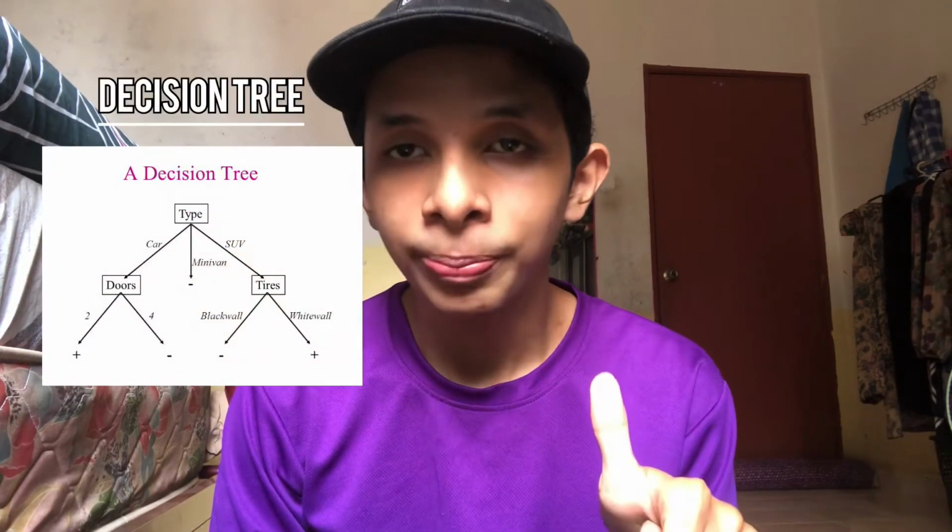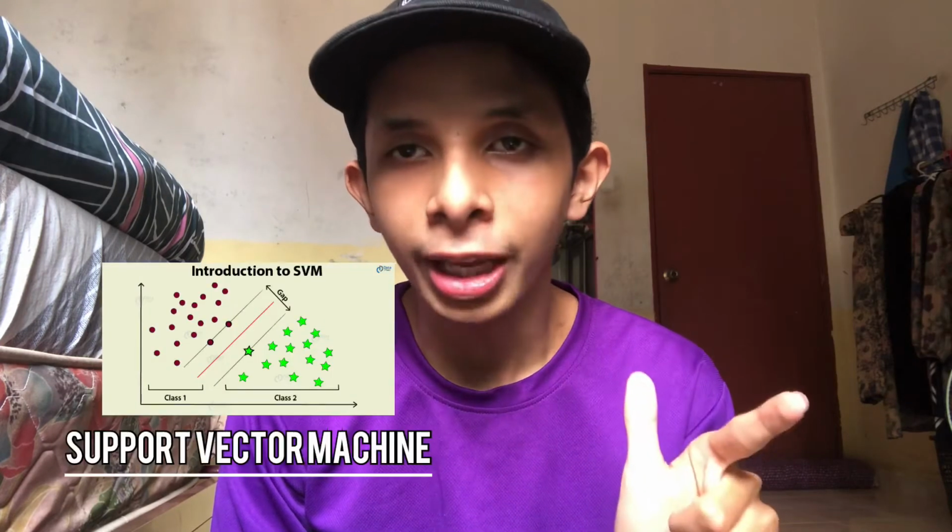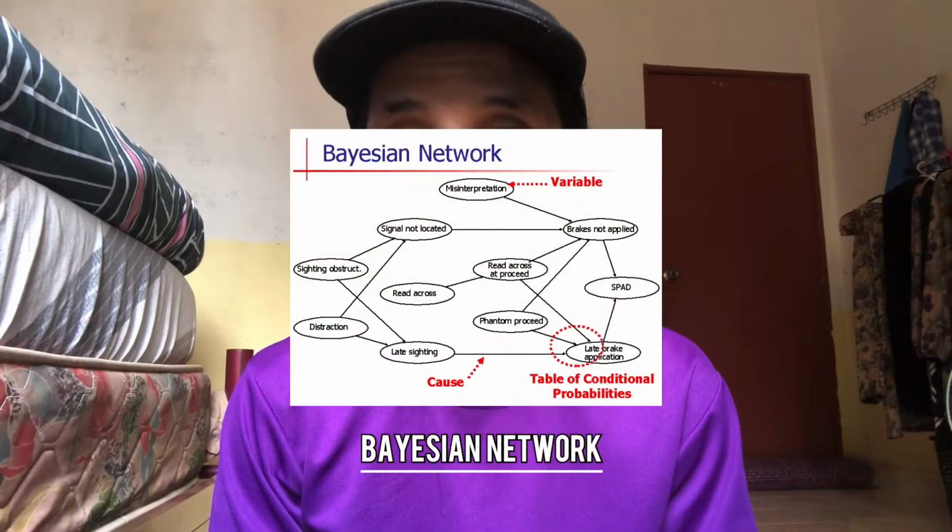For example, decision tree, K nearest neighbor (KNN), SVM (support vector machine), neural network, and also Bayesian network. For my part, I am going to cover only decision tree and K nearest neighbor, KNN. So let us get started.